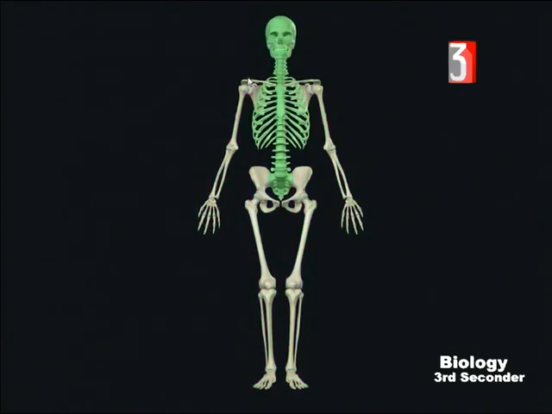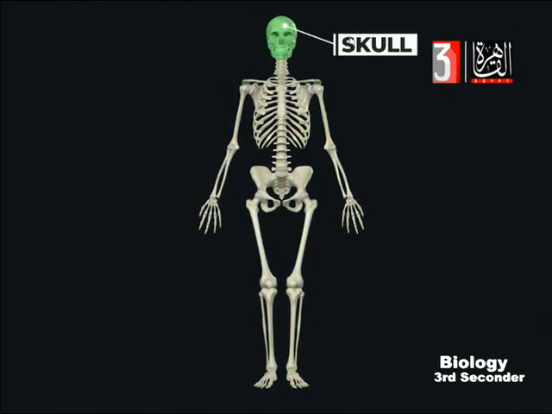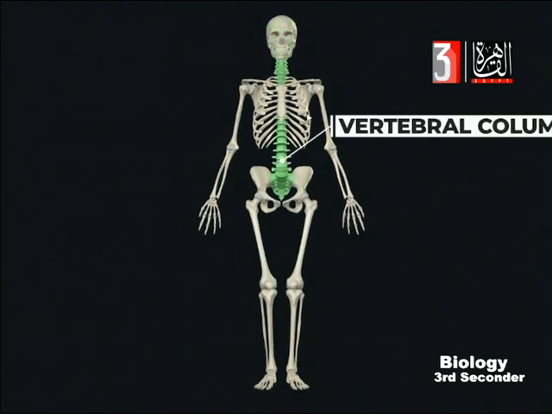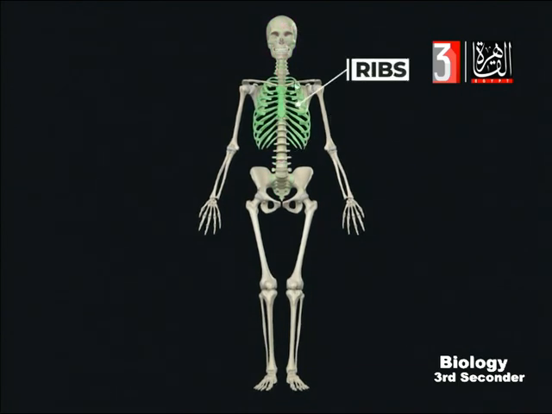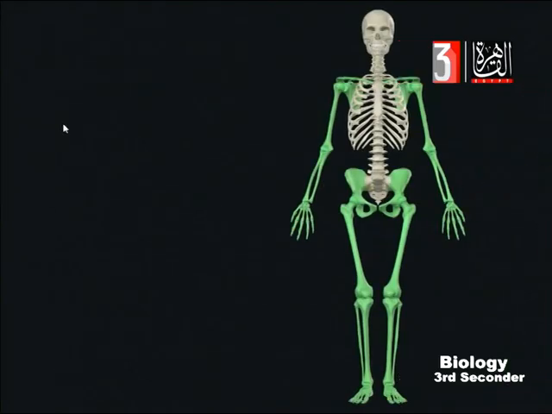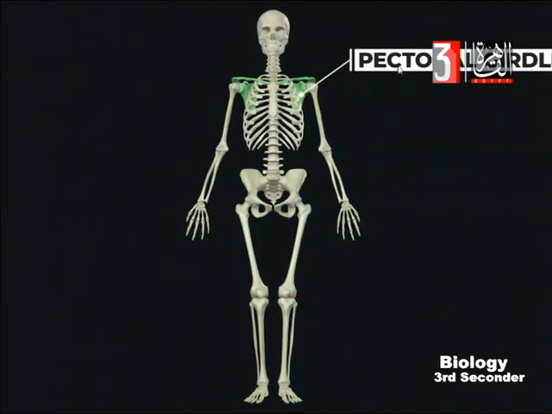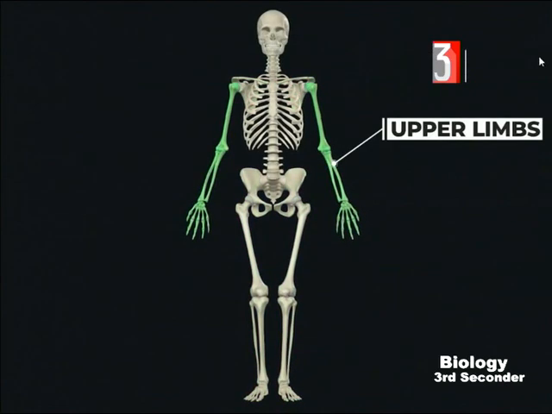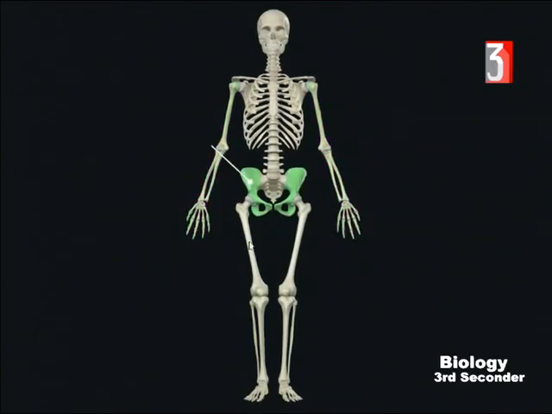Again, the axial skeleton consists of the skull, the vertebral column, and the ribs or thoracic ribs. The appendicular skeleton consists of the pectoral girdle or shoulder girdle, upper limbs, pelvic girdle, and lower limbs.